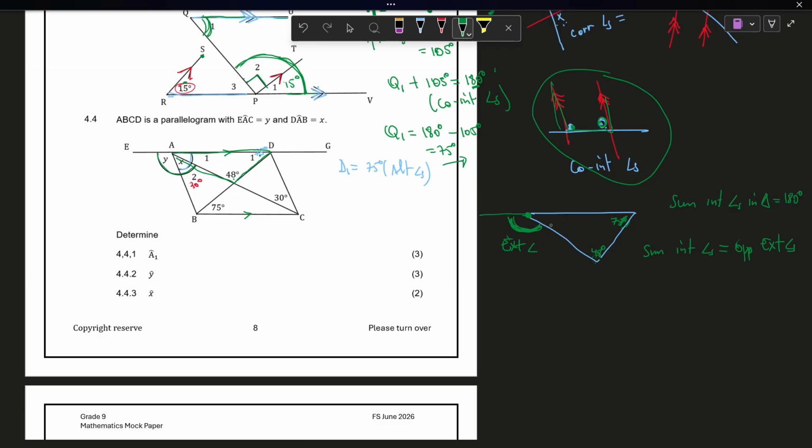Also, let us remove this. Okay, what other information do we have? We can also find the interior angle here, right here, of this triangle, because we know that the sum of all interior angles gives us 180 degrees.